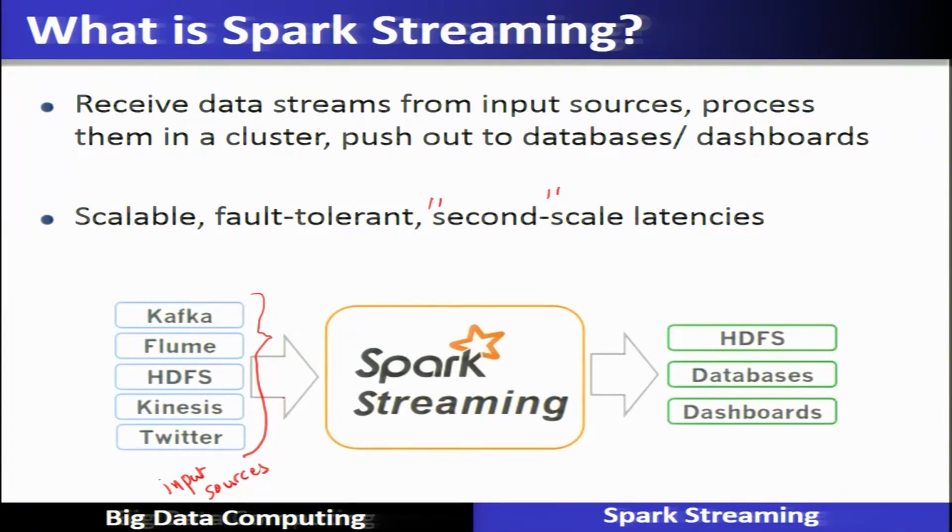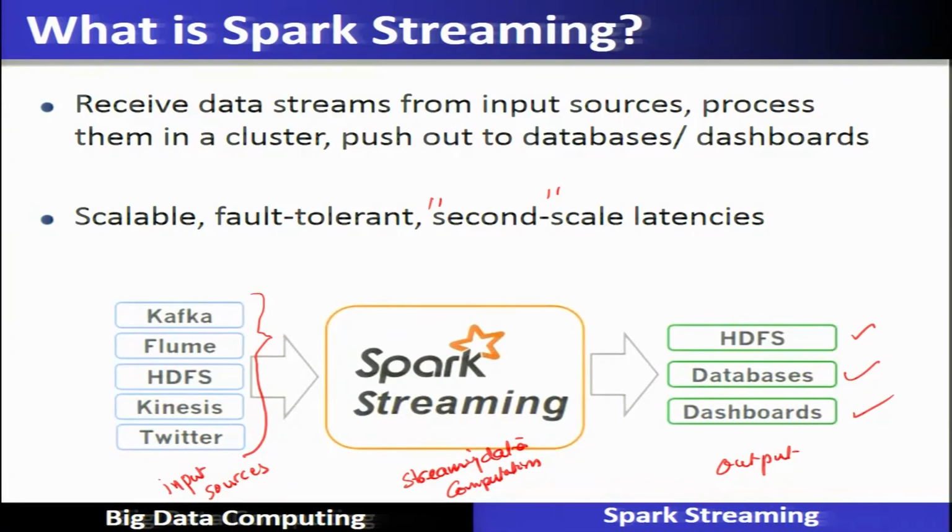This live stream of data is now fed into the Spark streaming system for streaming data computation. And after that, the output will be either stored in the database or pushed to the dashboard for the output.